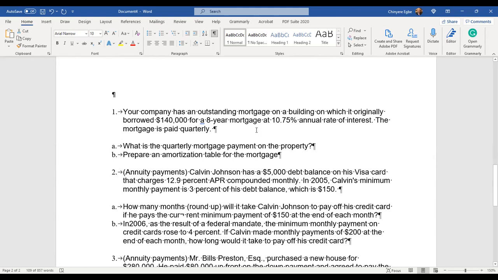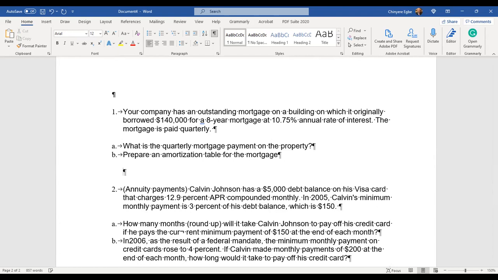In this case, we're going to define the periods. Quarterly, that means we have an 8-year mortgage to be paid quarterly.